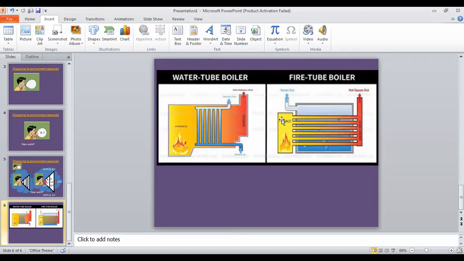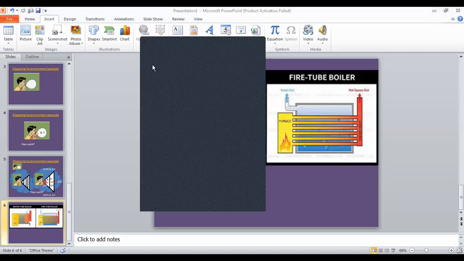So the hot air passes through the tubes, all connects to a manifold and goes to the stack, or hot gas out. So let's say this is the situation. I think I will take them one by one. See if I take this.